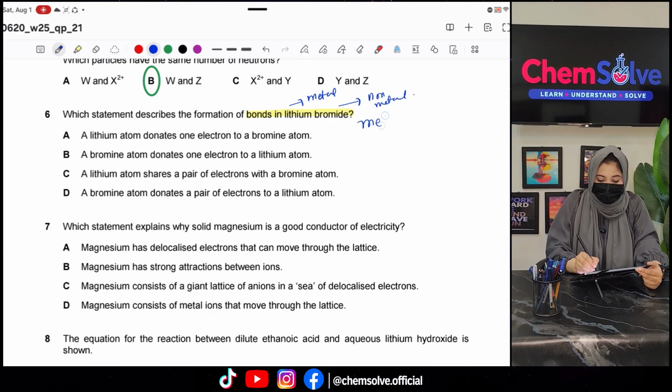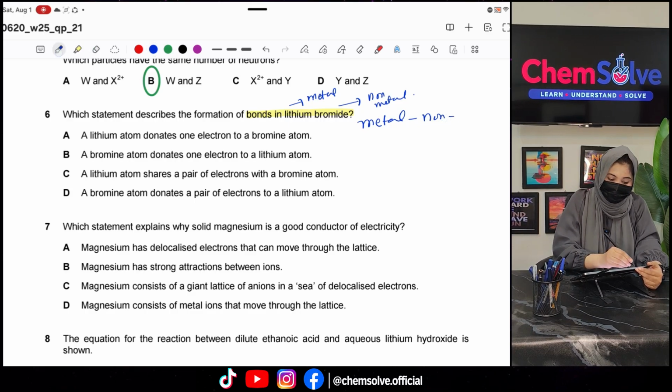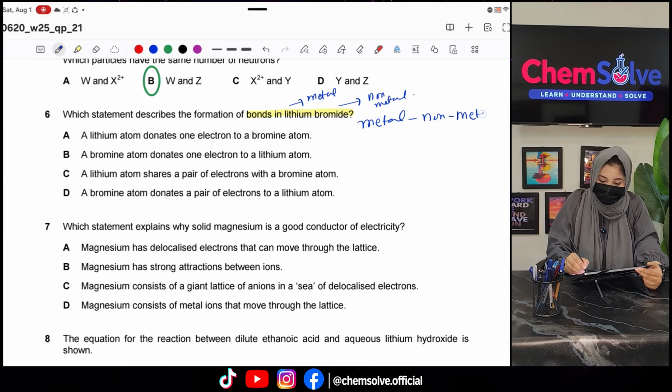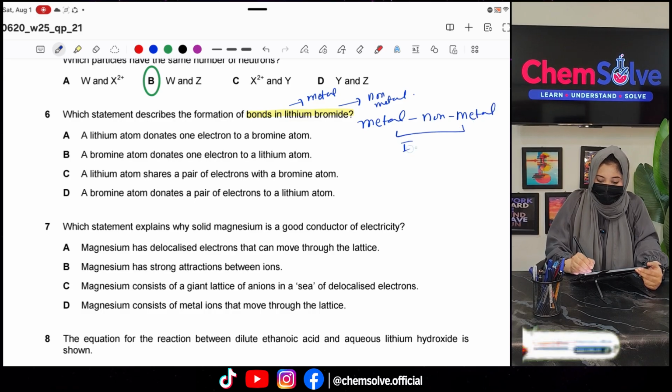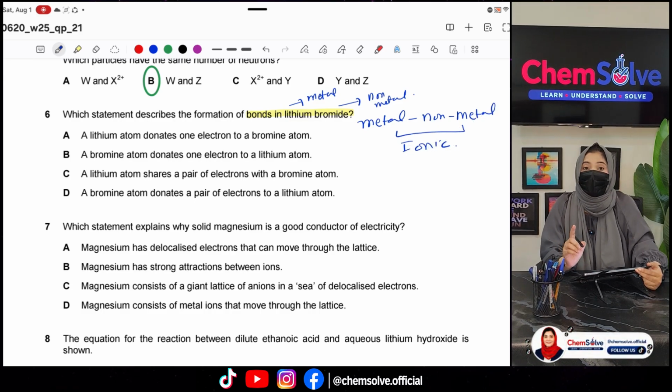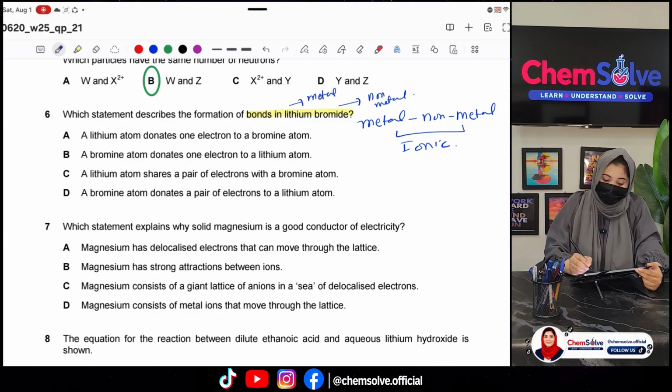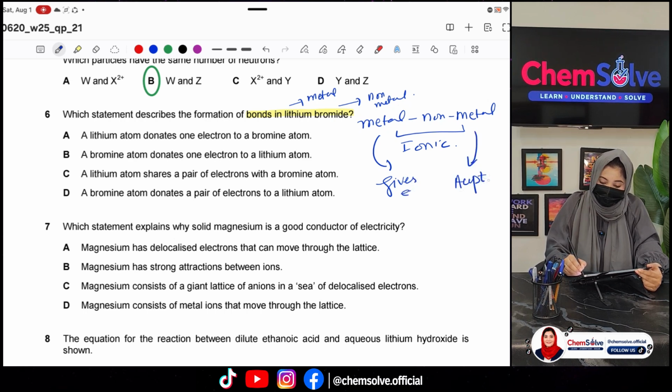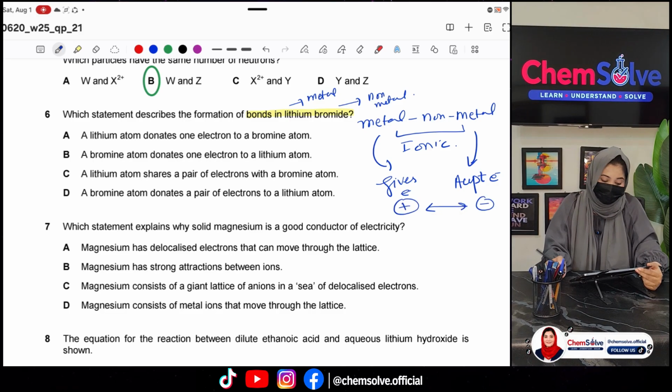When a metal bonds with a non-metal, the nature of the bond is ionic. So an ionic bond will form here. How does the ionic bond form? Metal gives electron, non-metal accepts electron, it gains positive charge, it gains negative charge, and there is electrostatic force of attraction between them.